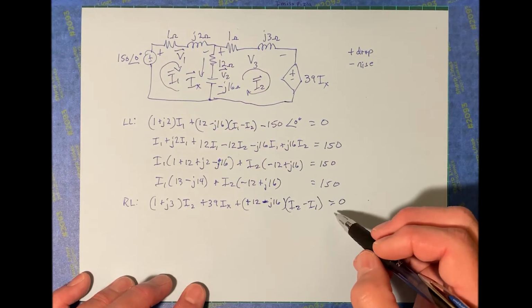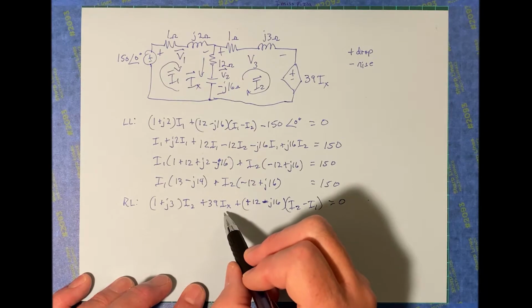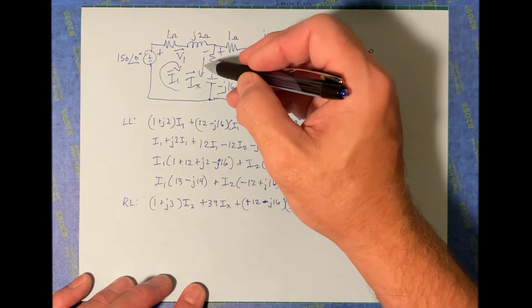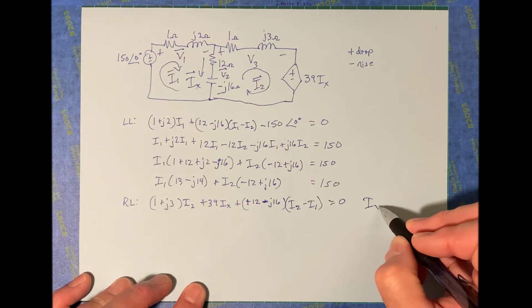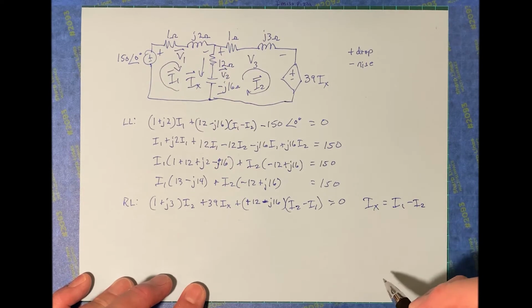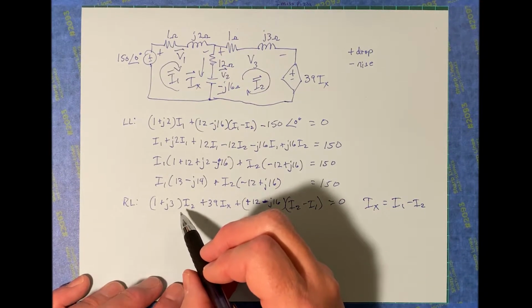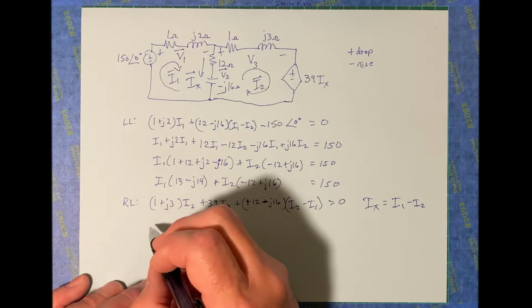All right, we're also going to have another equation here, because we're going to have this I sub x. You know what I sub x is. I sub x is going to be I1 minus I2, like that. Okay, but we can start simplifying this, and I'll go ahead and plug this in as we go through it.